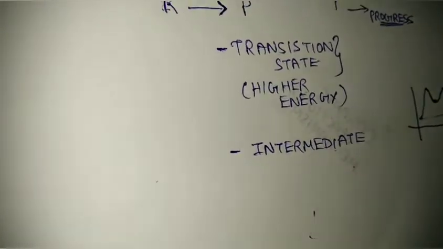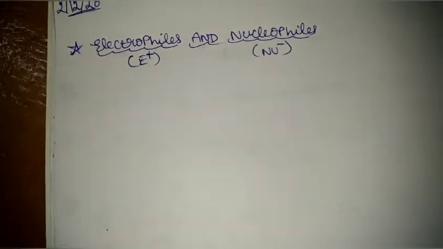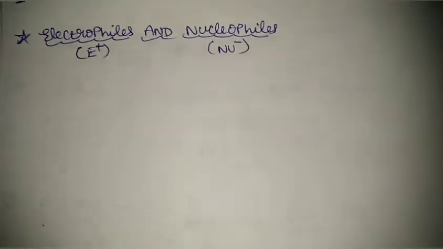What is electrophile, what is nucleophile? So we'll now talk about electrophiles and nucleophiles in general, basically. Like I told you, for the basics of getting into some reactions of general types like substitution, addition, elimination, you need to know some kind of basics, okay.